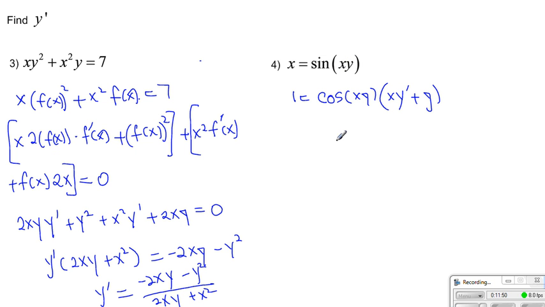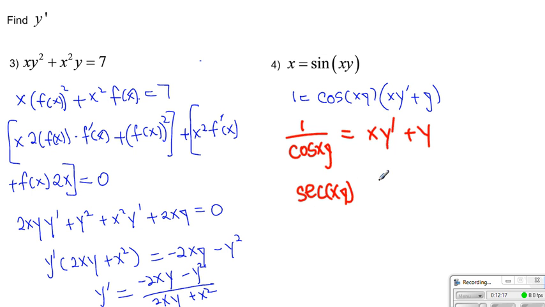Then here we will have 1 over cosine of xy is equal to xy prime plus y. Now, of course, we can subtract y from both sides, and in fact 1 over cosine becomes secant, so we can even write it as secant of xy minus y is equal to xy prime.